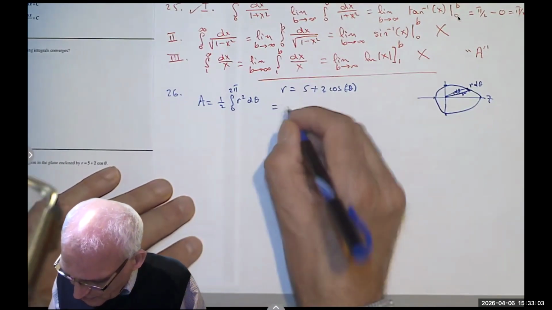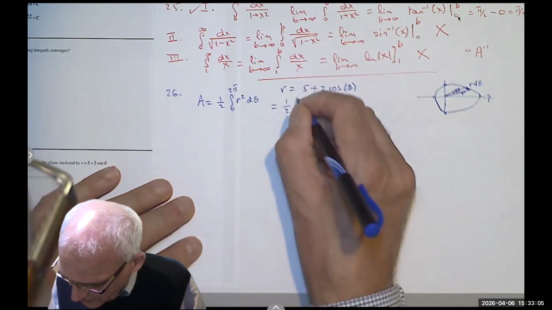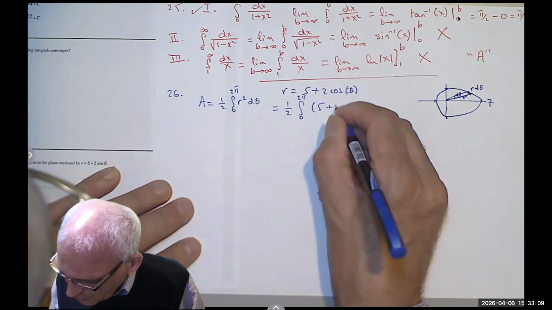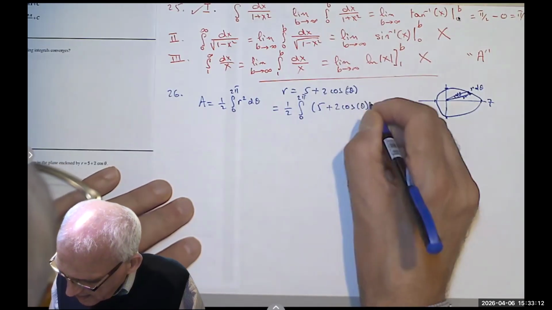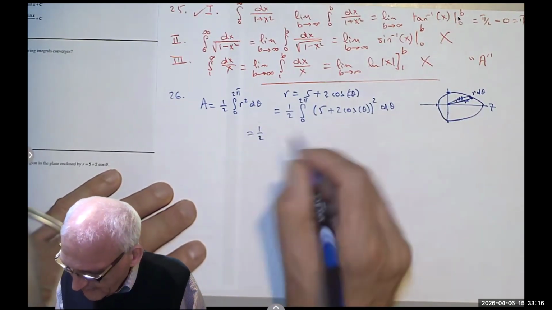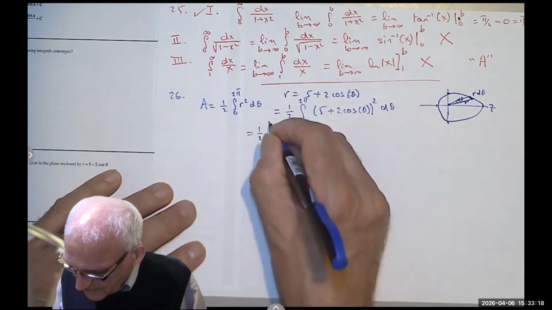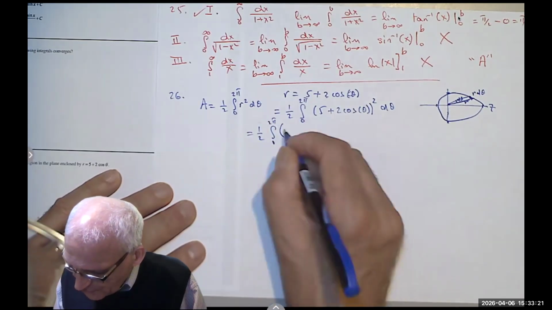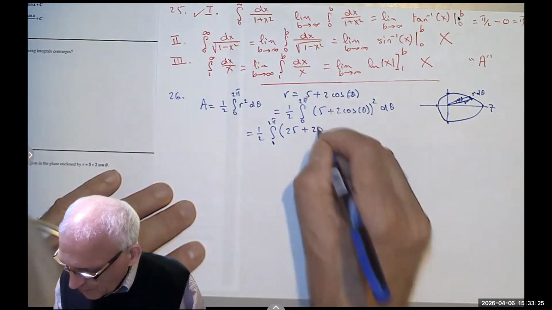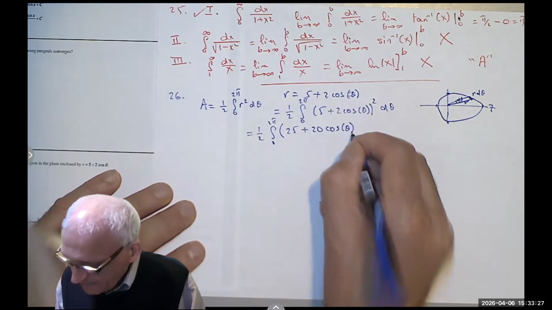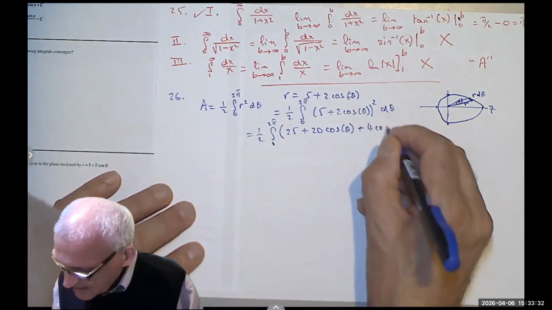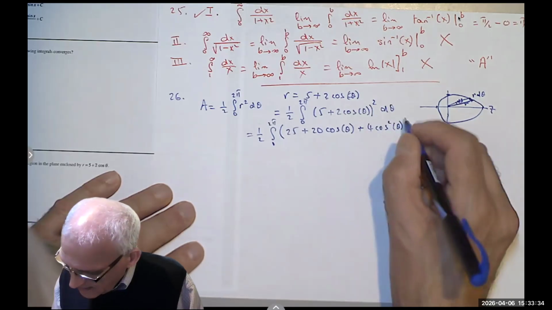So that becomes 1/2 the integral from 0 to 2 pi of 5 plus 2 cos theta quantity squared d theta equals 1/2 times the integral from 0 to 2 pi of 25 plus twice the first times the second, which is 20 cos theta, plus 4 cos square theta d theta.